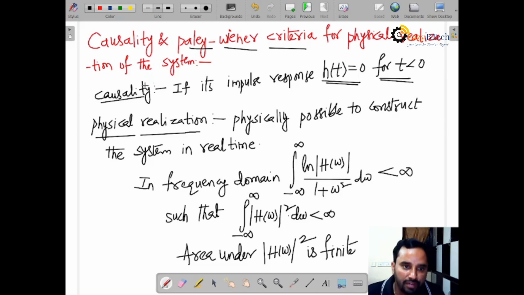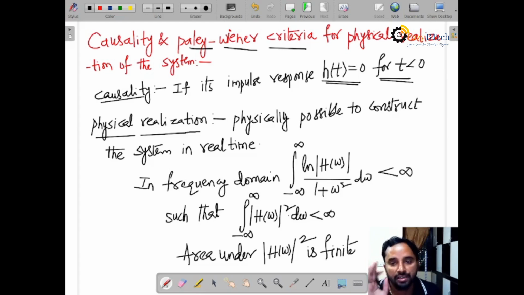Just again we discuss, causality means the system impulse response h of t is 0 for t less than 0. Simply, causal systems mean the output is 0 before the input is applied. They start producing output whenever the input is connected.